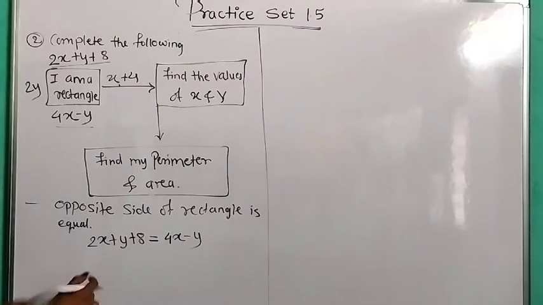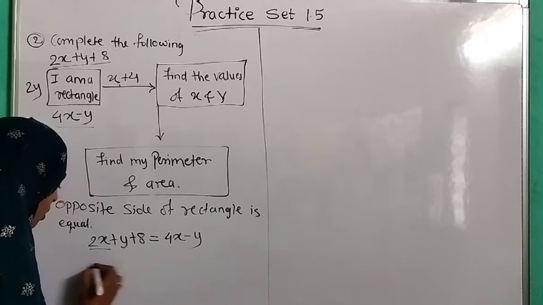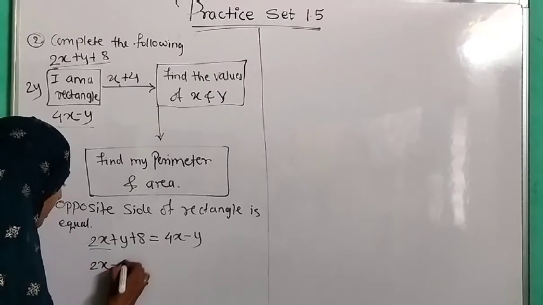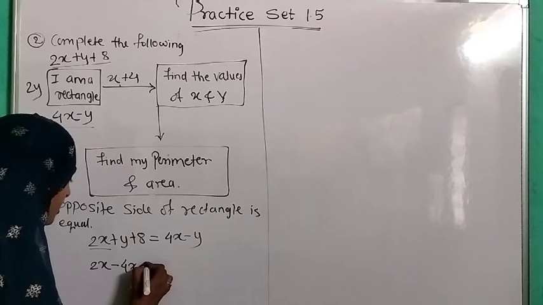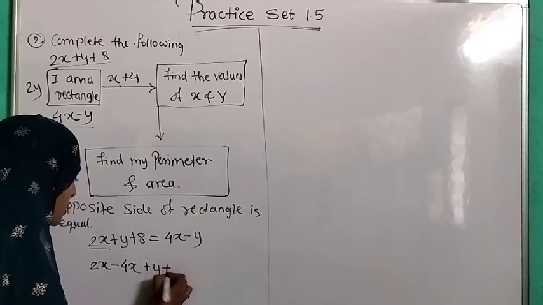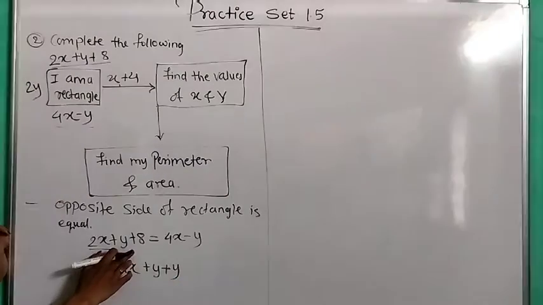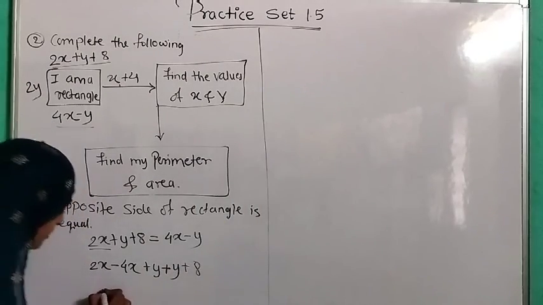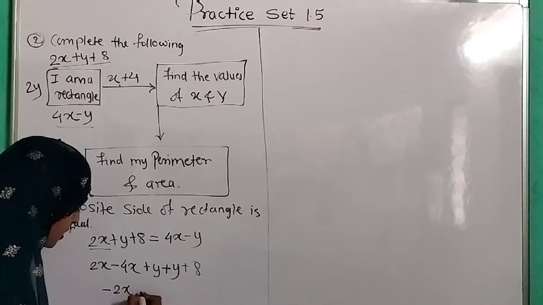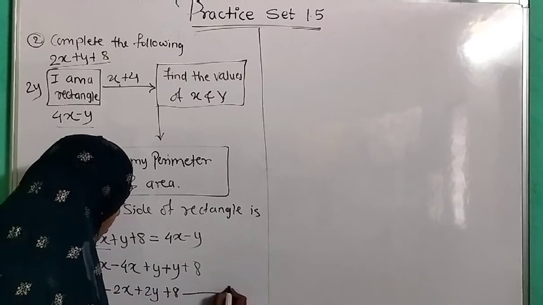We are going to solve it. This 2x, if we shift that, or else 2x minus 4x, we are shifting this 4x here, minus 4x plus y, this plus y, and this minus becomes plus when we shift it here. Then plus 8. Then what happens? Minus 2x plus 2y plus 8 is equal to 0, equation number 1.